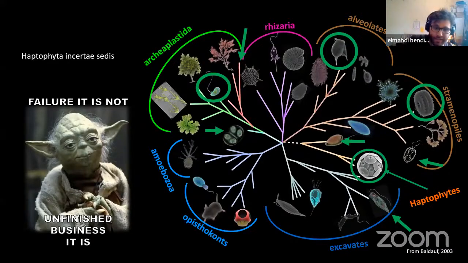It's just unfinished business where we still have to improve our ways to assess the phylogeny of those organisms. What is clear is that the deep phylogenetic signal for those organisms has perhaps been lost through really strong selection pressure in the past.